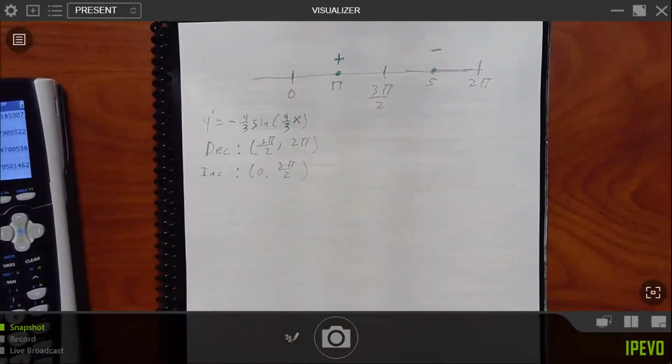Let me see. Oh, okay, yeah, that makes sense here. Let me type that in. Yeah, we can do that, 5 on 3 even.